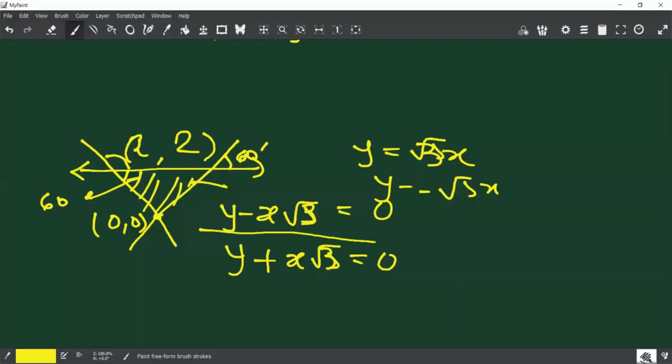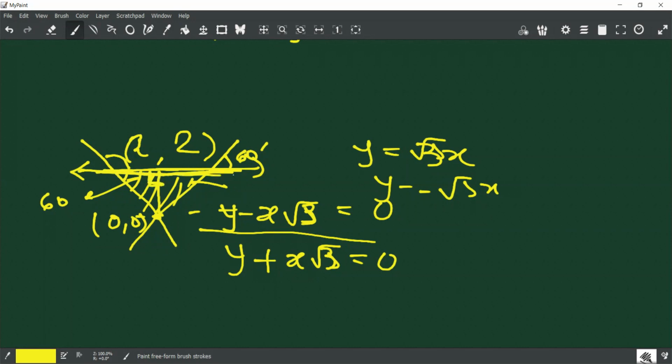So it's an equilateral triangle, that's correct. So you tell me, how will this line be? Tell me. It's going to come parallel to the x-axis because the y-axis will be the perpendicular bisector.